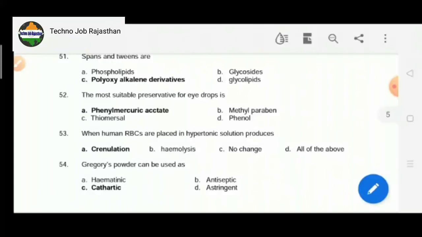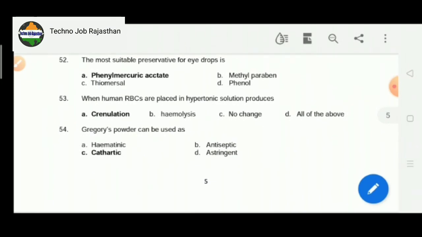Question 52: the most suitable preservative for eye drops is option A phenylmercuric acetate, option B methylparaben, option C thiomersal, option D phenol. So the correct answer is option A, phenylmercuric acetate.